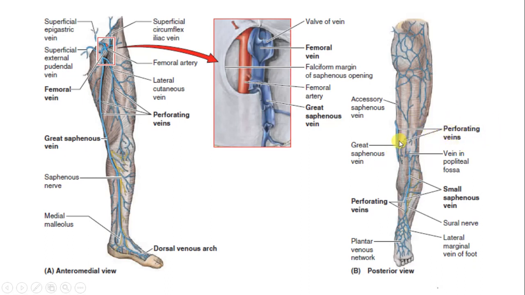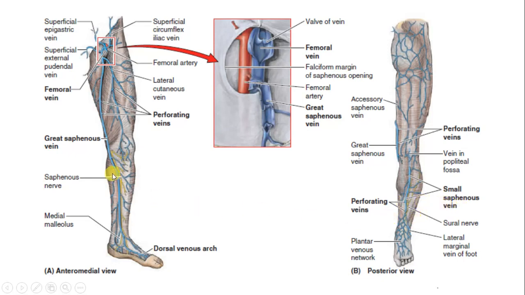These perforating veins are also guarded by valves, and the deep veins suck the blood from the superficial veins, and then it is transmitted upward by the muscle pressure generated by compressing the deep veins. So here we see the perforating veins, perforators. Through these perforators, the great as well as the small saphenous vein are joined with the deep veins.